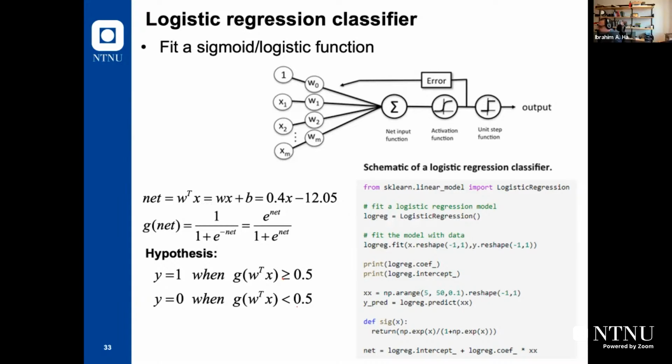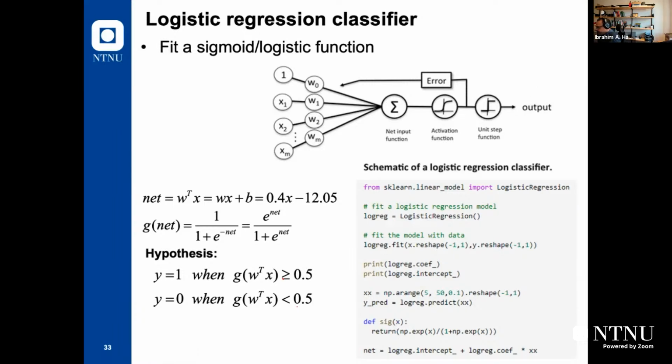Because this one usually they use it for regression problems. It's a logistic regression classifier. So you can use it for regression problems, but if you want to convert a regression problem into a classification problem, you need to convert the output into 0 and 1, for example, using a step function. Or if you want to convert it into +1 and -1, you need to use the other function.